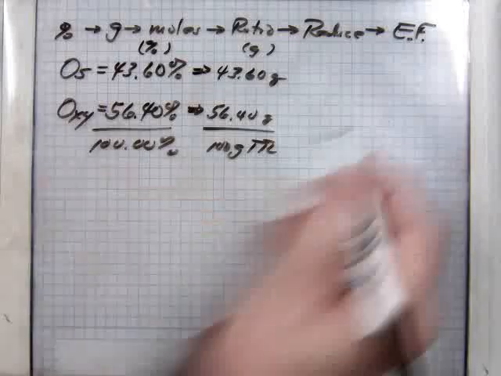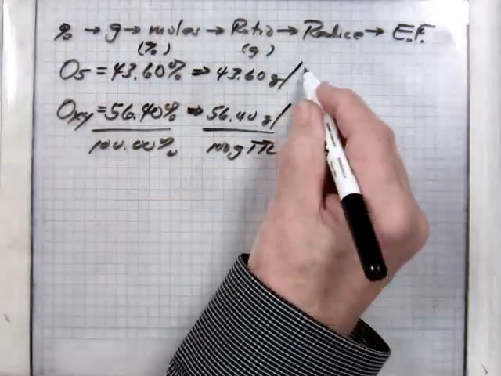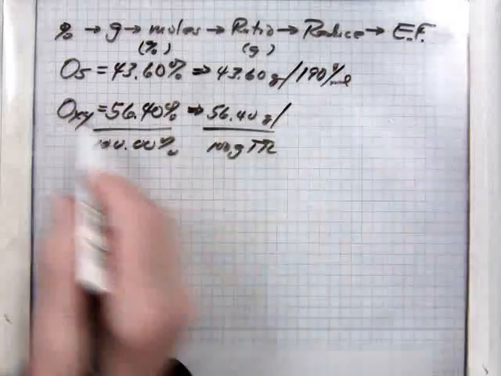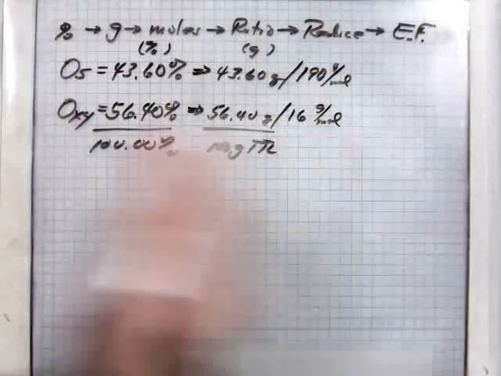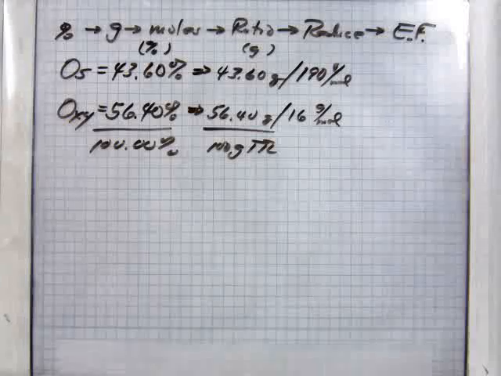190.23. Now I'm just going to round it off to 190. So I put a slash here, 190 grams per mole. And oxygen I know is 16 grams per mole. Now, we're not dealing with O2 here. It's an embedded element in the compound. So you want your moles of individual element in going through this.